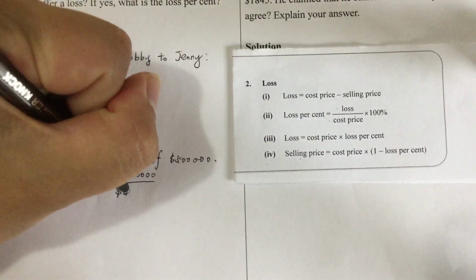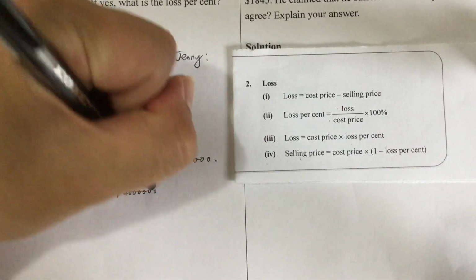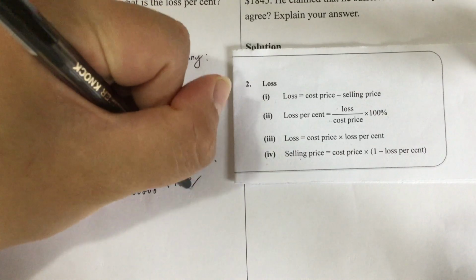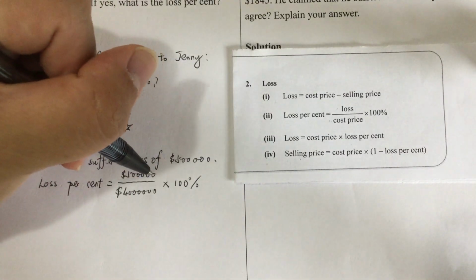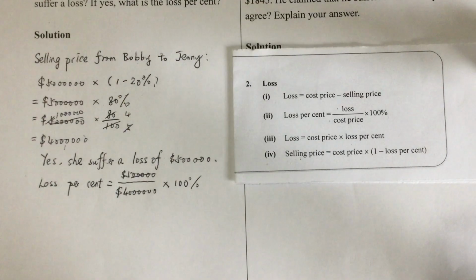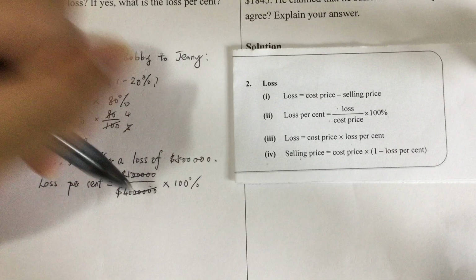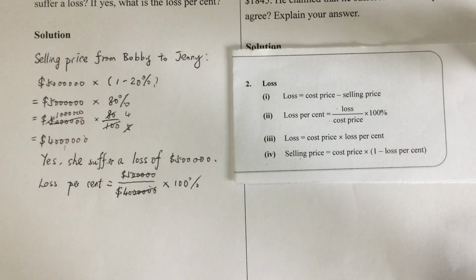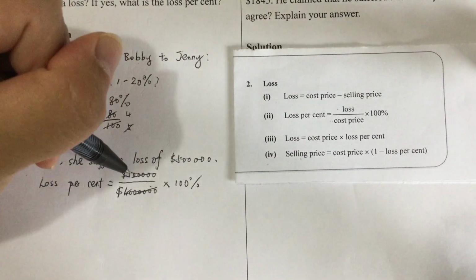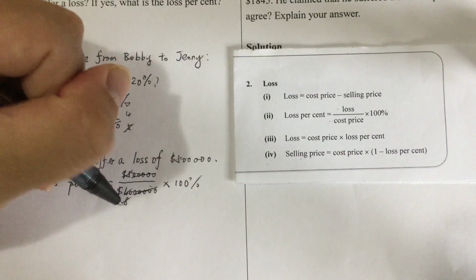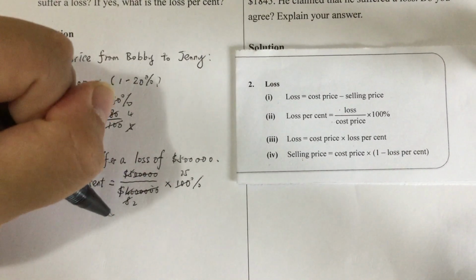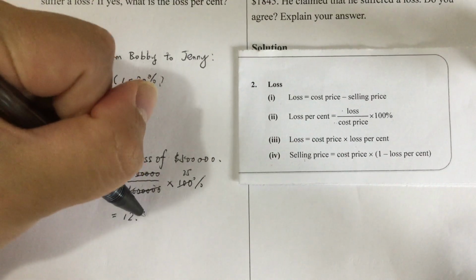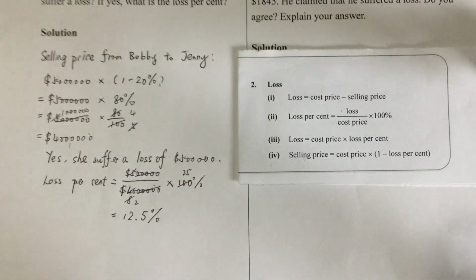So we must write down 4 million here times 100%. So we can do the cancellation. We have 50, and then 50, and then we have 40 and 5, we have 8, and 8 and 100, you have 2 and 25. So the answer is 12.5% loss.